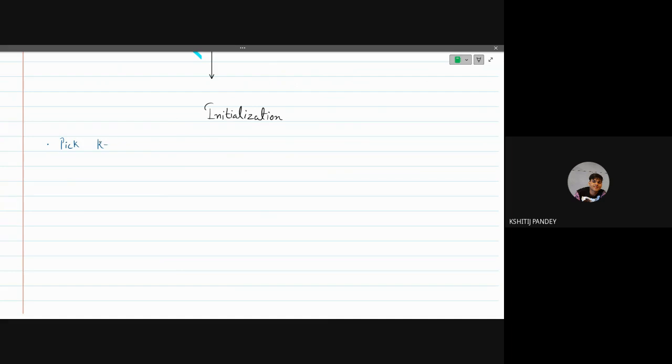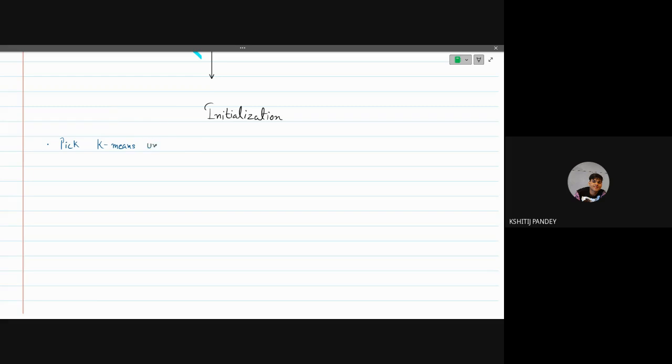You don't randomly assign points to clusters. Given a set of n data points, you pick k points and you make them the means of the clusters. And this selection is uniformly random.